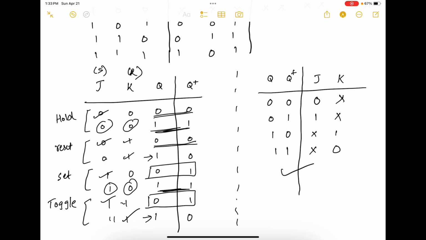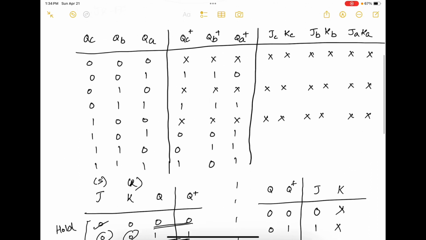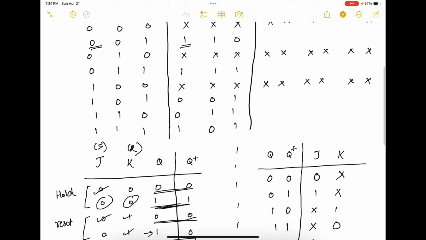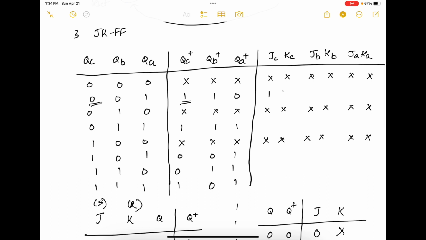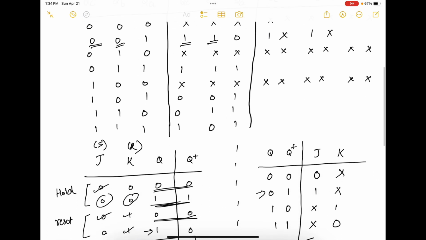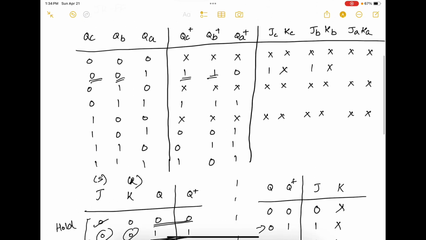So using this table, we are going to fill up this table here. So when QC is 0 and QC plus is a 1, which is this combination, you have 1x. Again, when QB is 0 and QB plus is 1, you have 1x. When QA is 1 and QA plus is 0, which is this, it's x1.